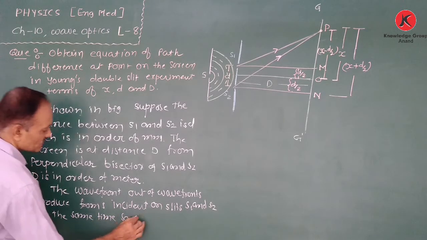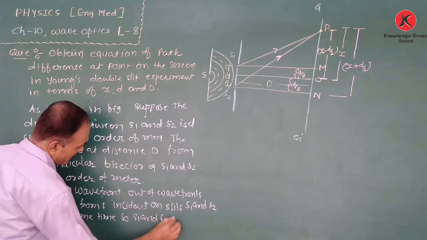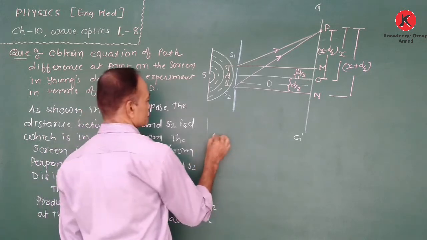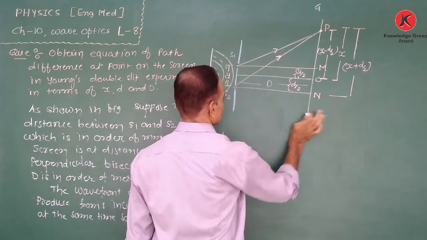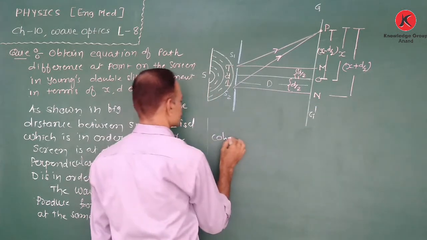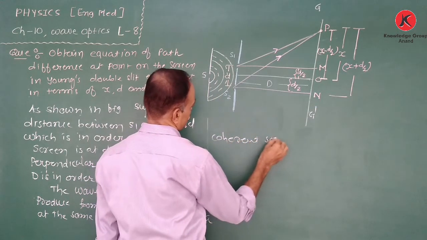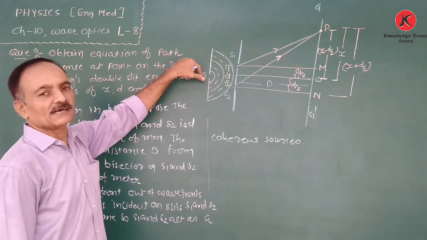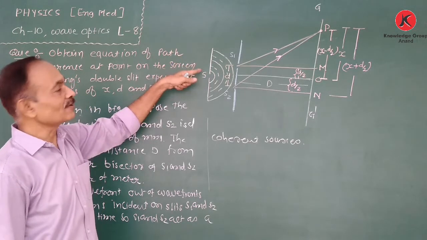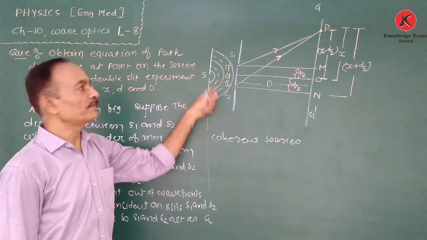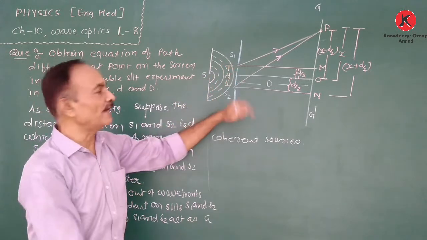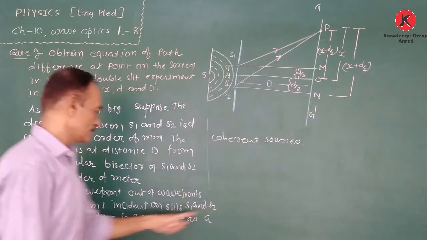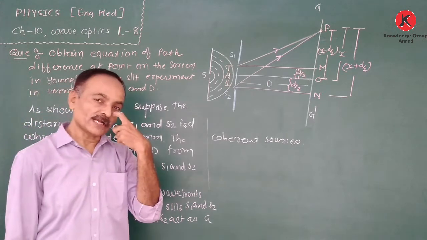So S1 and S2 act as coherent sources. Here, a number of wavefronts are generated by S. Out of these, any one wavefront is incident on S1 and S2 at the same time. Therefore, the phase difference of S1 and S2 is the same. Therefore, S1 and S2 act as coherent sources.